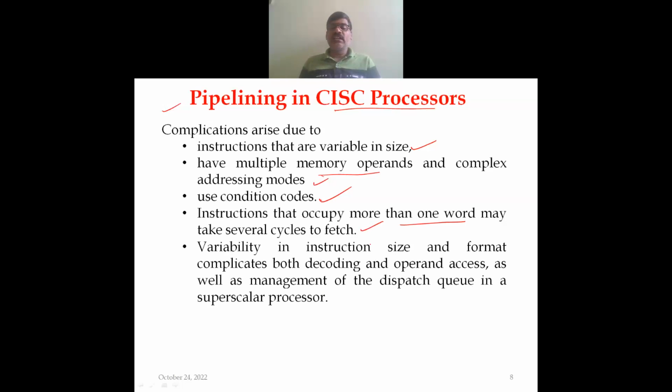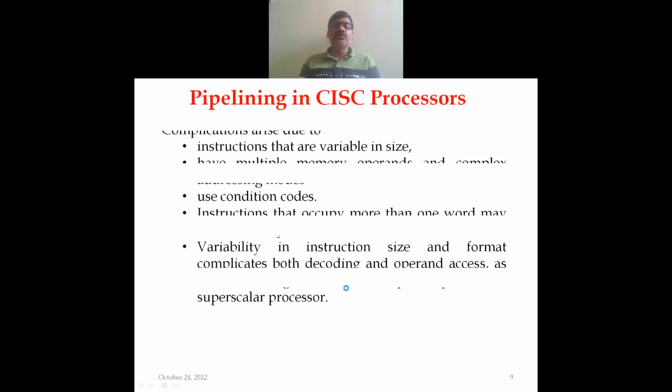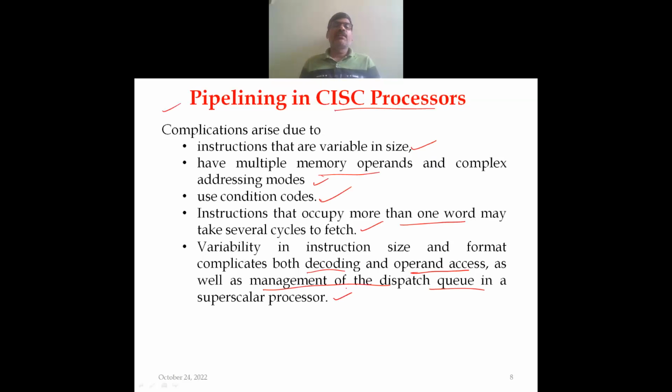Variability in instruction size and formats complicates both the decoding and the operand access, as well as the management of the dispatch queue in a superscalar processor. So these are the different issues that will arise when we are implementing pipelining in CISC processors.